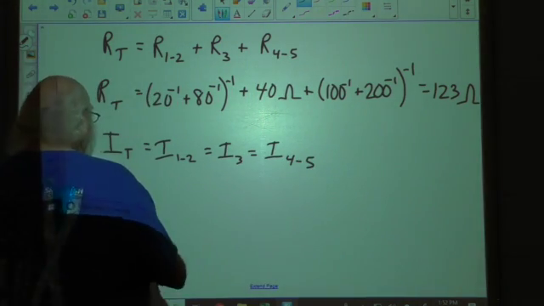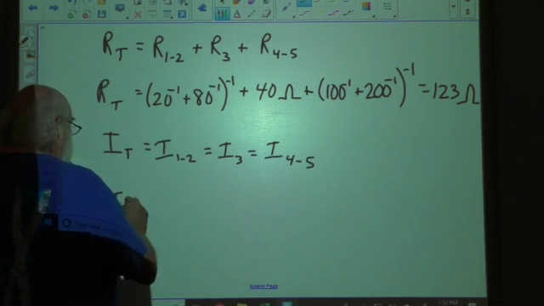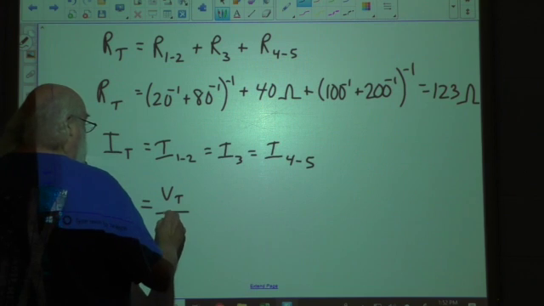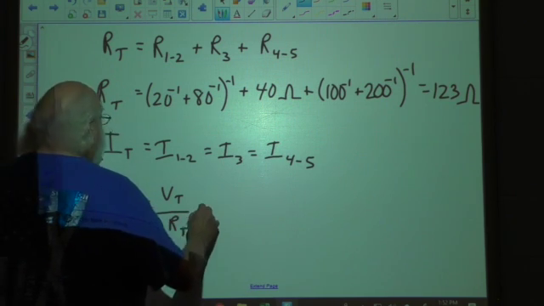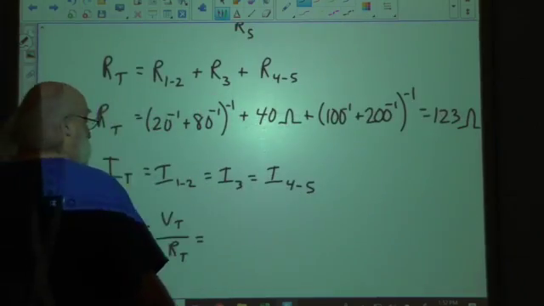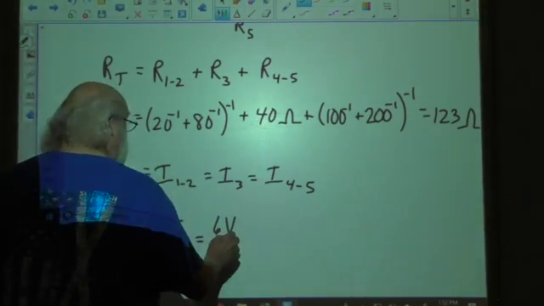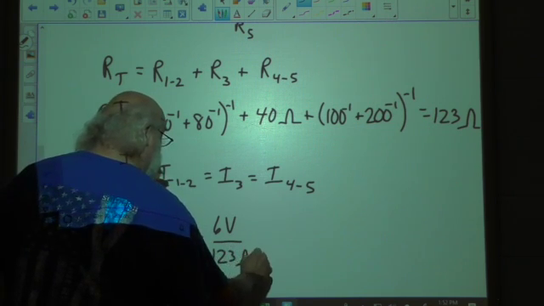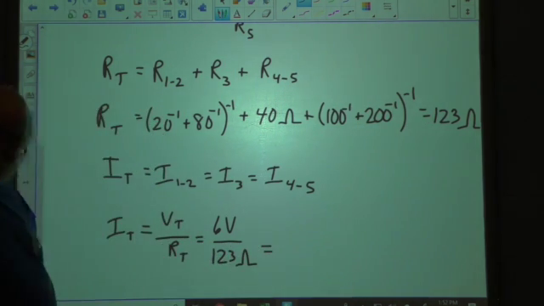So in order to find I total, we take V total over R total. V total for this system, I believe, is 6 volts. And the R total is 123 ohms.